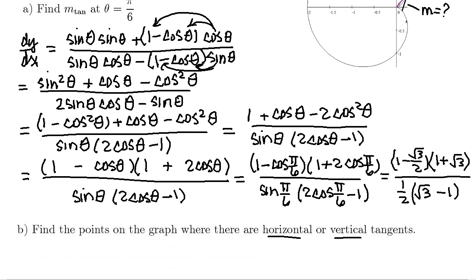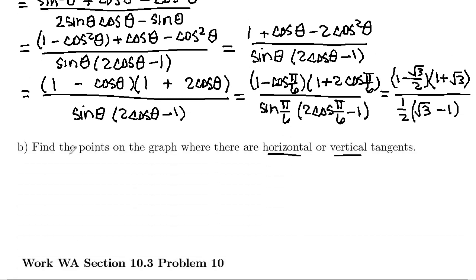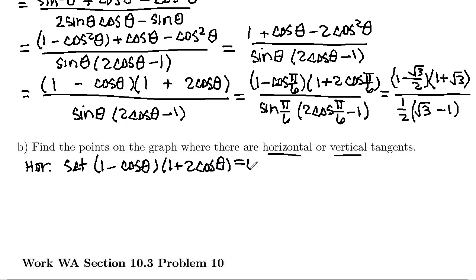Okay, so what we want to do is, for horizontal tangents, we are going to set our numerator right here equal to 0. So set 1 minus cosine theta times 1 plus 2 cosine theta equal to 0.